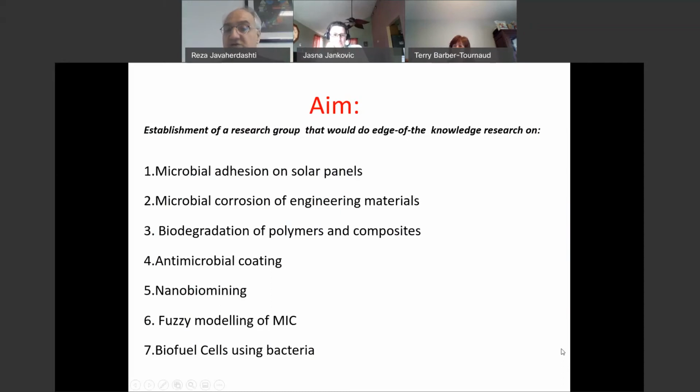Microbial corrosion of engineering materials. We still don't know the whole story about microbial corrosion. There are a lot of theories that try to address microbial corrosion, but none of them is still the most appropriate one. Biodegradation of polymers and composites, the same.